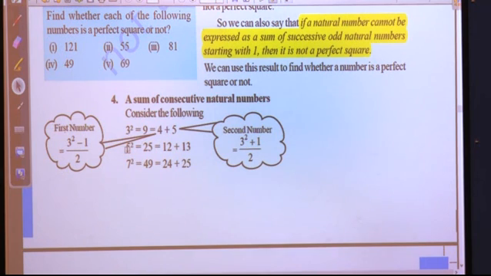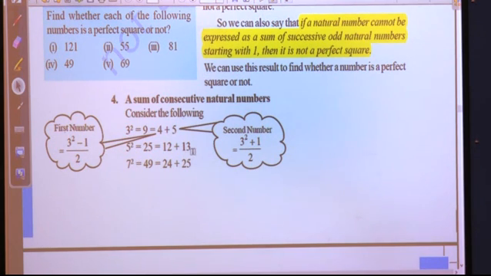Similarly, the next example they are giving, 5 squared is equal to 25. (5 squared minus 1) upon 2: 25 minus 1 is 24, 24 upon 2 is 12. And (5 squared plus 1) upon 2: 25 plus 1 is 26, 26 upon 2 is 13. So, 12 plus 13.